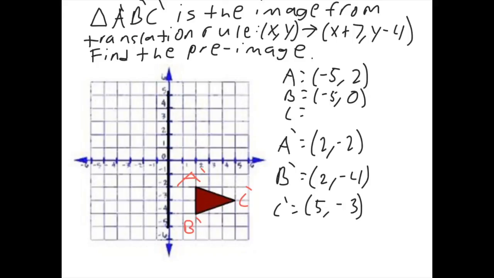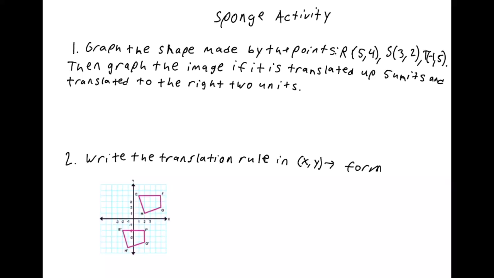And for C prime was 5, so subtract 7 to get -2. And the y-coordinate was -3, add 4 to get 1. And we have our coordinates, and all you would have to do after here is just plot the points and make your final triangle.